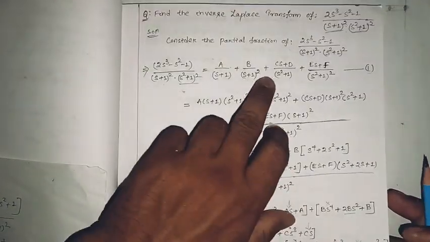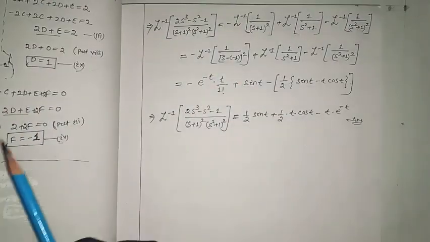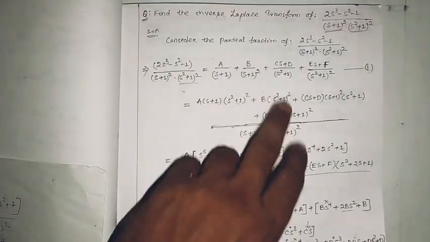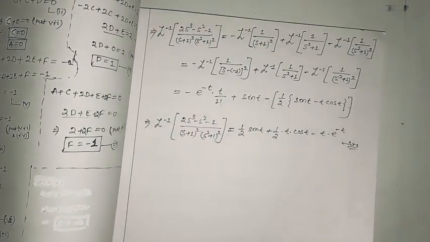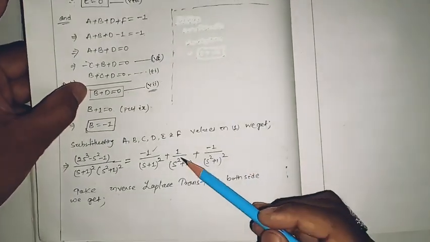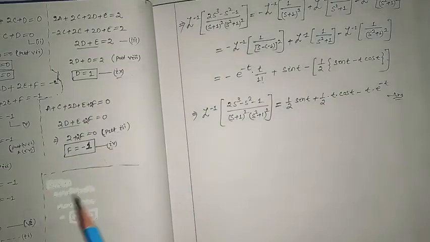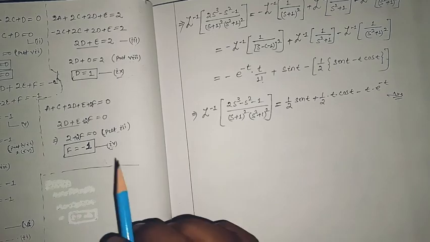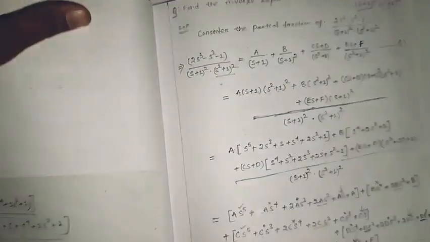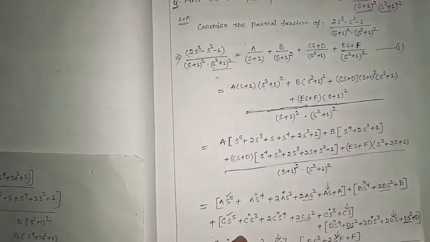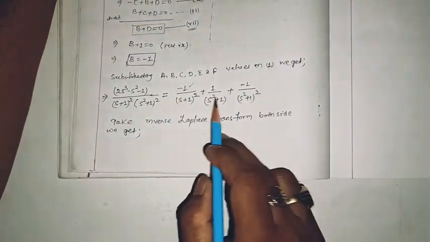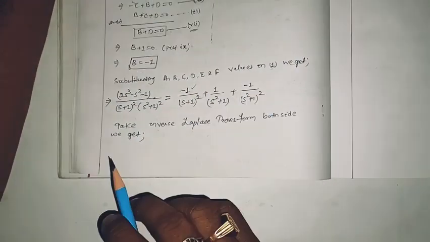But D will be 1, so 1 by s square plus 1, the second term. Then Es plus F. So E is 0, F is your minus 1. So minus 1 by (s square plus 1) whole square we found.